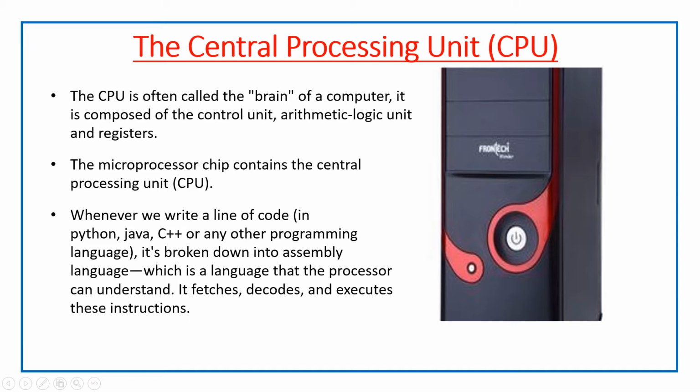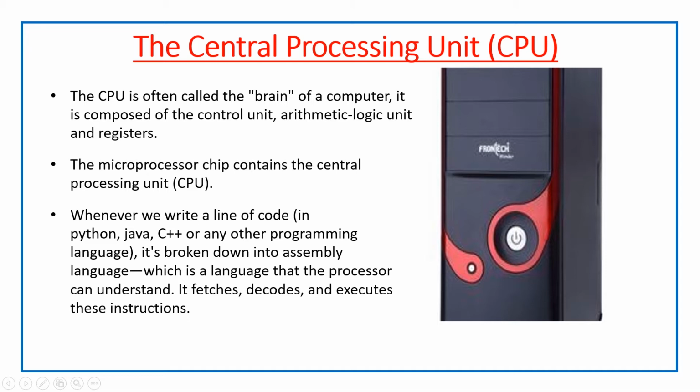So the main part of the computer is the CPU, and it is called the brain of the computer. The next point is that the microprocessor chip contains the central processing unit, or CPU.